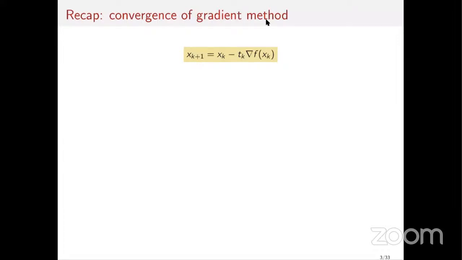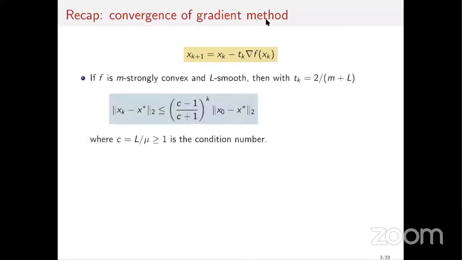We saw that if you know the parameters of your function f, like the smoothness constant or the strong convexity constant, then you can choose t_k according to this knowledge. And if you do not know them, then you can do what we call a line search. And I explained the concept of a backtracking line search at the end of the lecture yesterday.